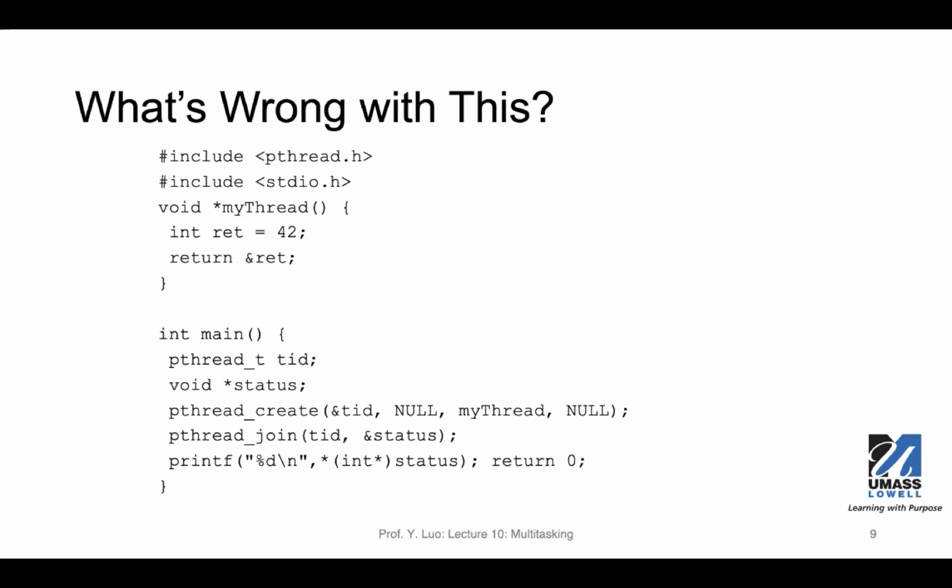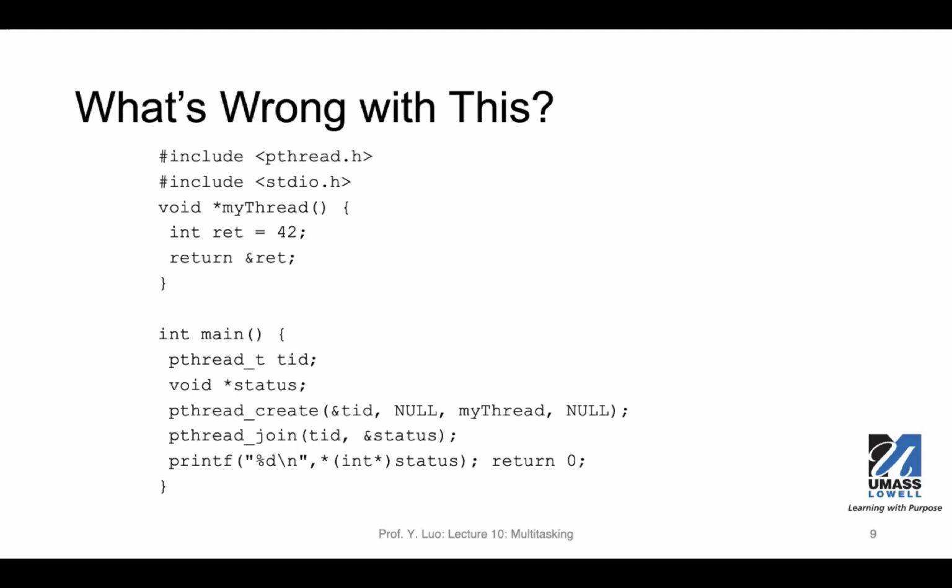Well, it could be anything, since by the time you return from the function, you're trying to return the address of a local variable in myThread. So I'm not too sure.